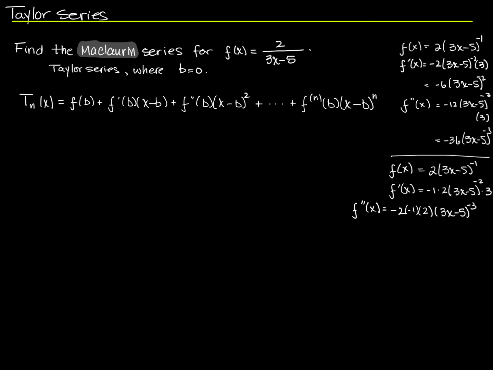And then part of the constant, although it's in a different place, that I just need to copy down is this 3. So I'm going to have a times 3, which is part of copying down the constant that's in front of the thing you're differentiating, right? But then when I differentiate this thing, I'm going to have a times 3 from the chain rule. So I'm going to have times 3 again.